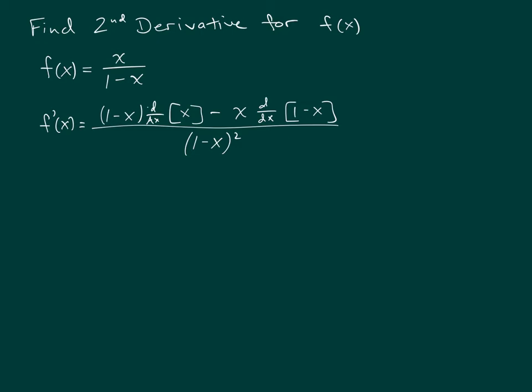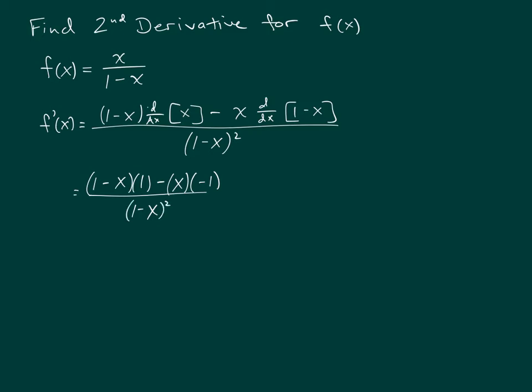All right, so here we will have, what does this become? 1 minus x times 1 minus x times negative 1, all over 1 minus x, the quantity squared.